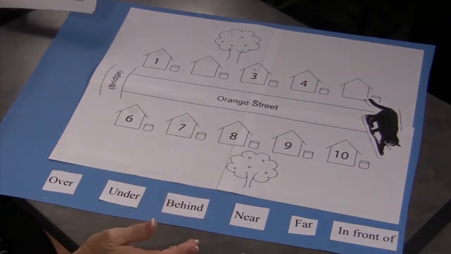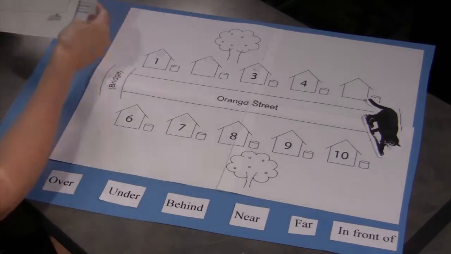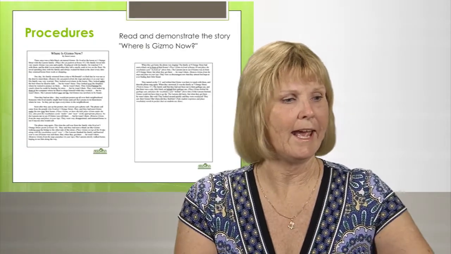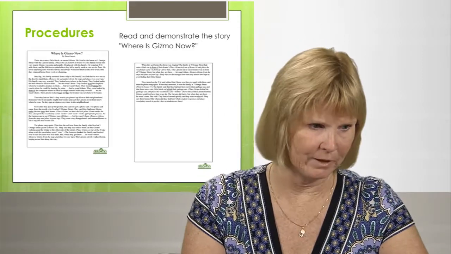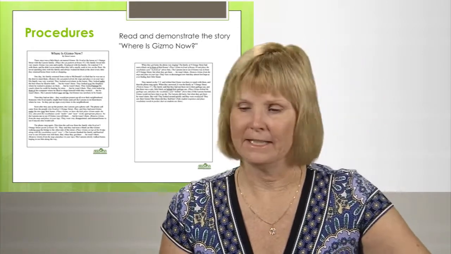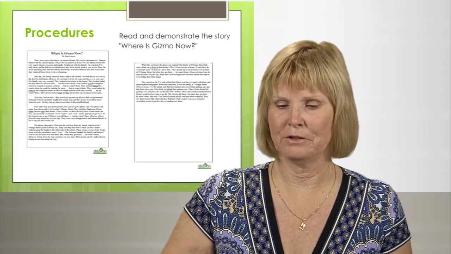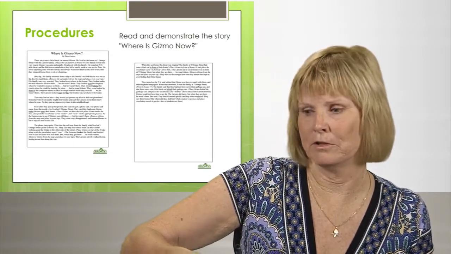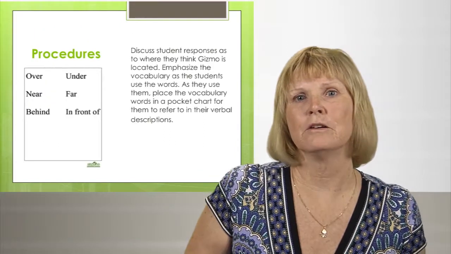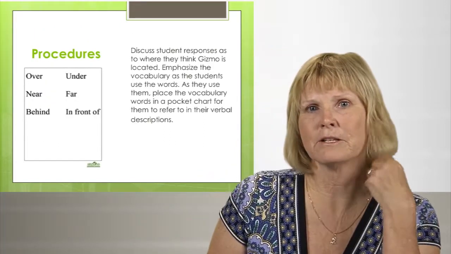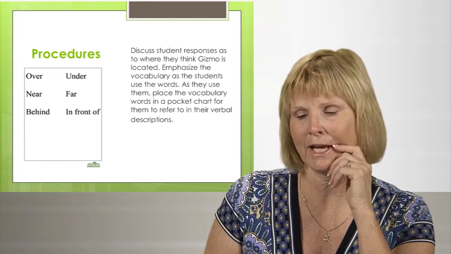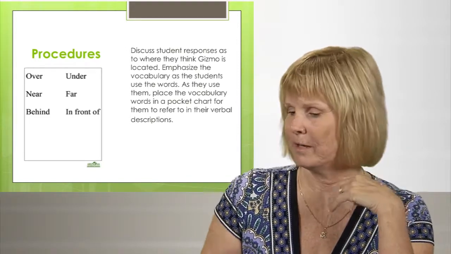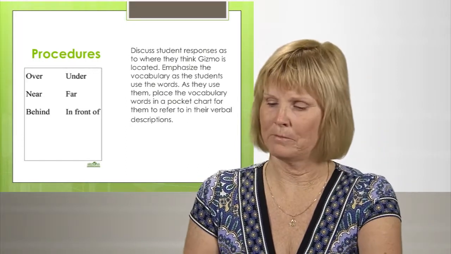The story continues until they get all kinds of clues about where Gizmo was located, and they eventually find Gizmo at the end of the story, and that is how the students use the story to practice using the words over and under. So discuss with the students their responses where they think Gizmo was located. So you can move Gizmo where you'd like and have them practice using their vocabulary to tell you where Gizmo may be found.